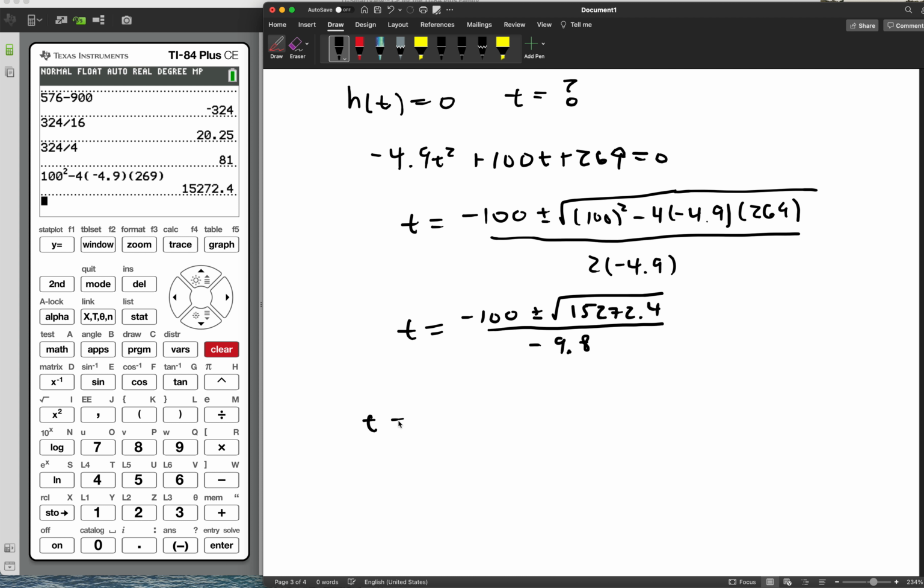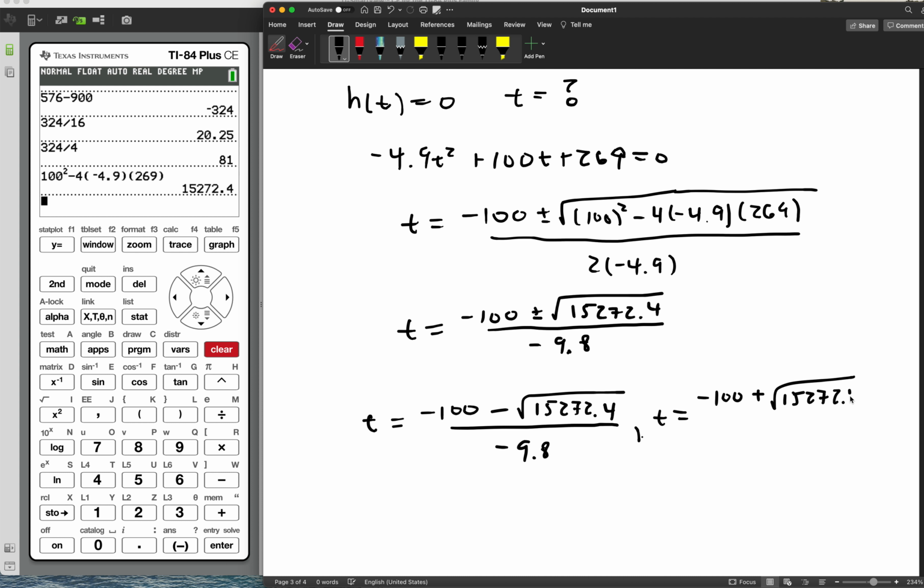So we have t is equal to negative 100 minus square root 15,272.4 over 9.8. Or we have one where it's positive in the middle, that's a plus sign, 15,272.4 over negative 9.8.